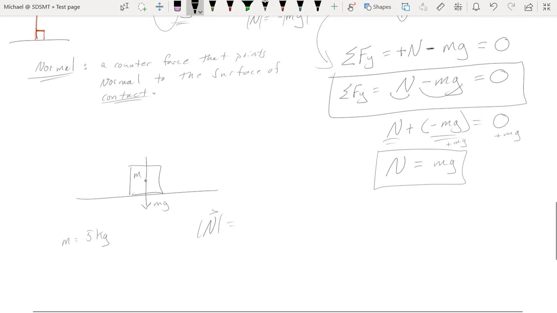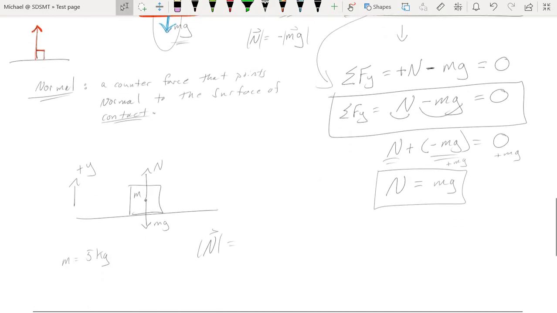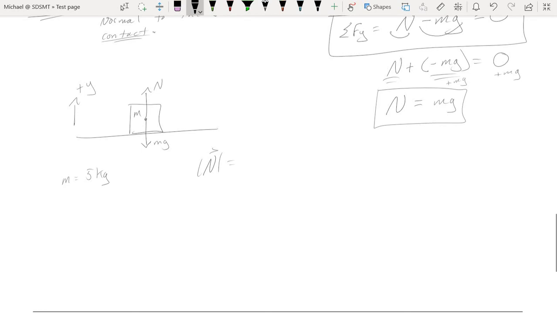We had mg pointing down, we had normal pointing up. We'll put in a reference frame. Technically, I don't need the x frame because there's nothing happening in the x direction. And we now incorporate all of our forces into a sum of forces that reflects the direction of our reference frame, or at least the positive direction in our reference frame.